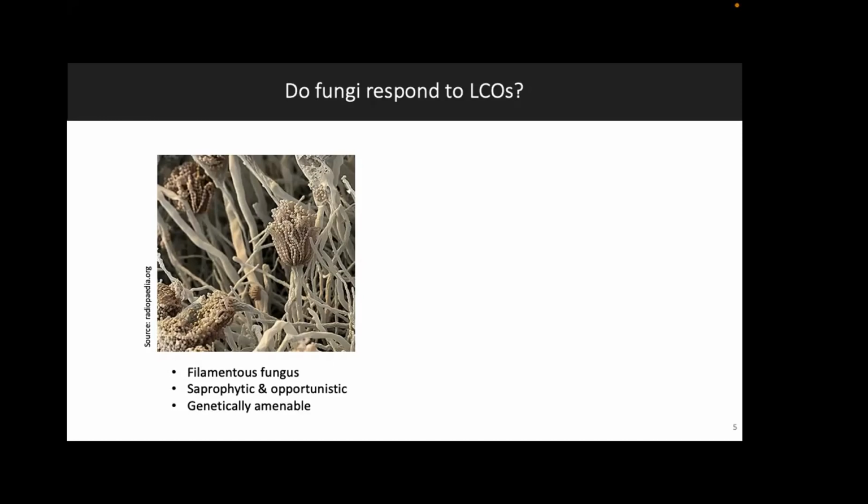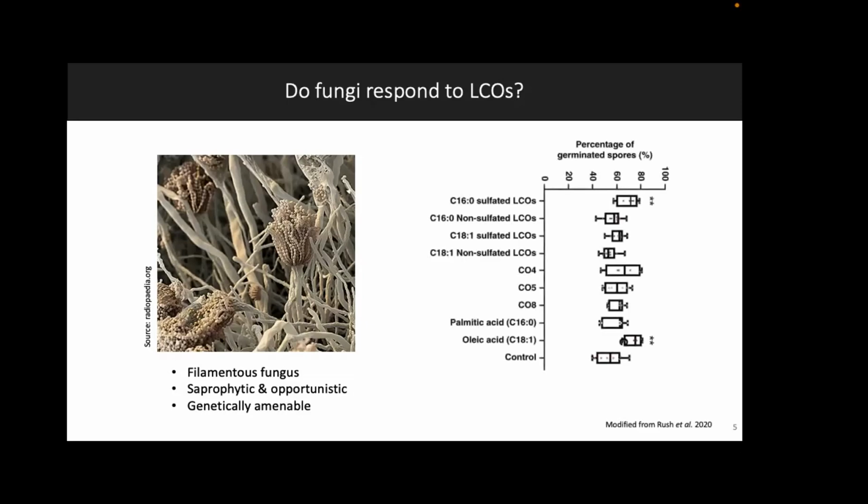So Dr. Rush decided to ask, if LCOs are so popular throughout the fungal kingdom, what are they doing? So he treats Aspergillus with LCOs and looks at what phenotypes occur. And the first thing that he looks at is germination of spores. So here we're looking at 4 different LCO molecules that he tested.